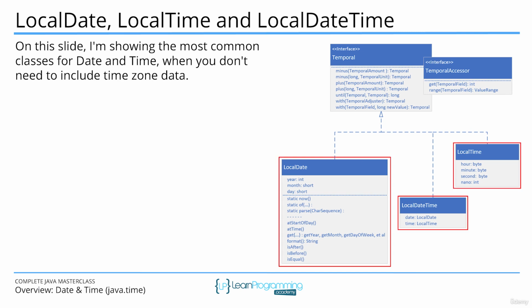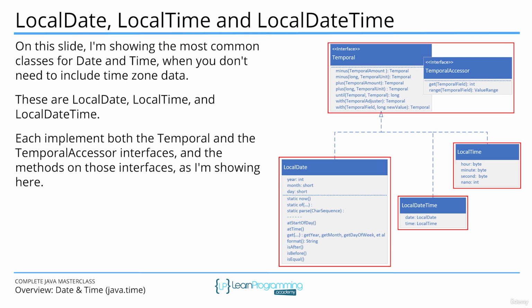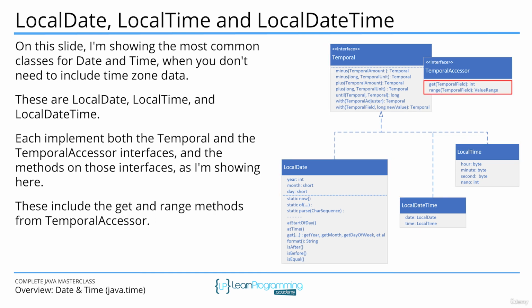On this slide, I'm showing the most common classes for date and time. When you don't need to include time zone data, these are LocalDate, LocalTime, and LocalDateTime. Each implement both the Temporal and the TemporalAccessor interfaces and the methods on those interfaces as I'm showing here. These include the get and range methods from TemporalAccessor.